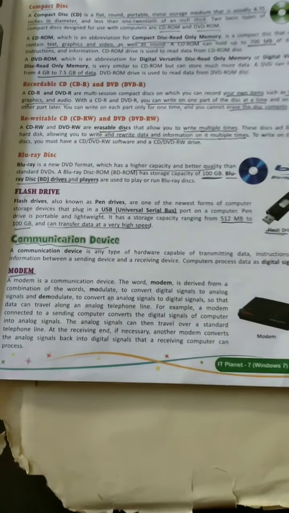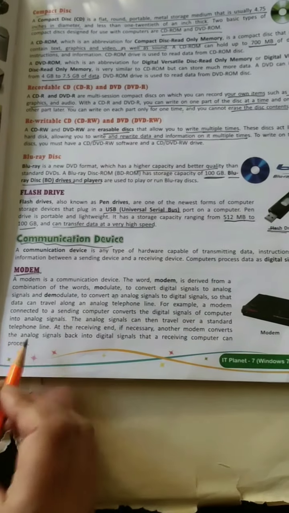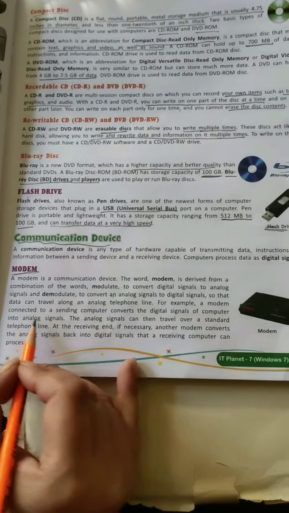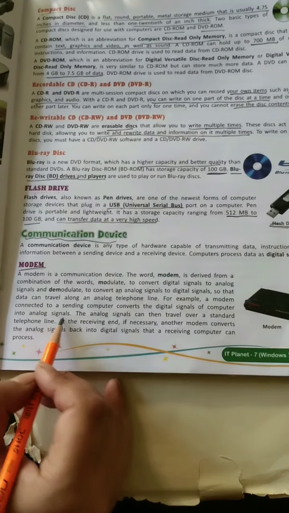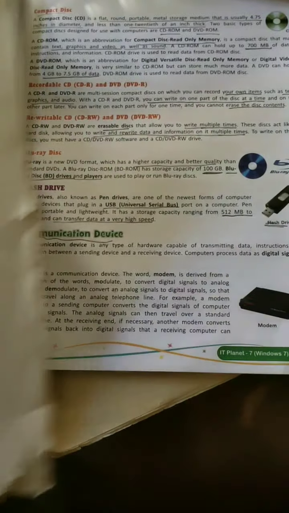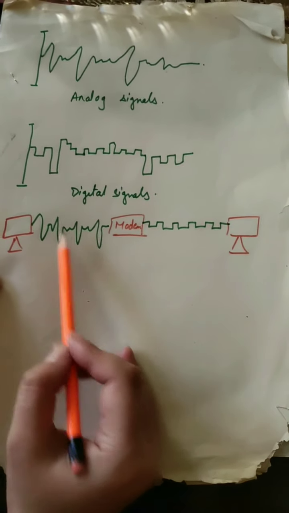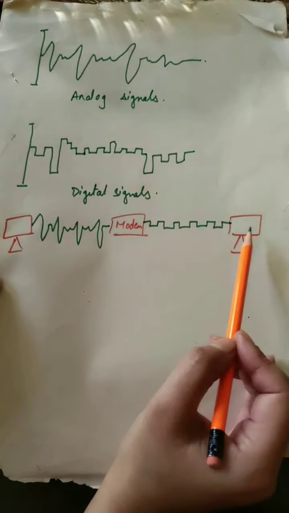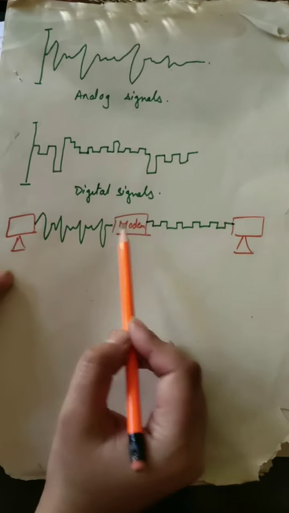For example, a modem. Now, let's go back to the content of the book. For example, a modem connected to the sending computer converts the digital signals of the computer into analog, like I had told you in the diagram that systems are there, right? One system is sending the signals in the form of analog signals and the other system is receiving the signals in the digital form. Now, what is the modem doing?